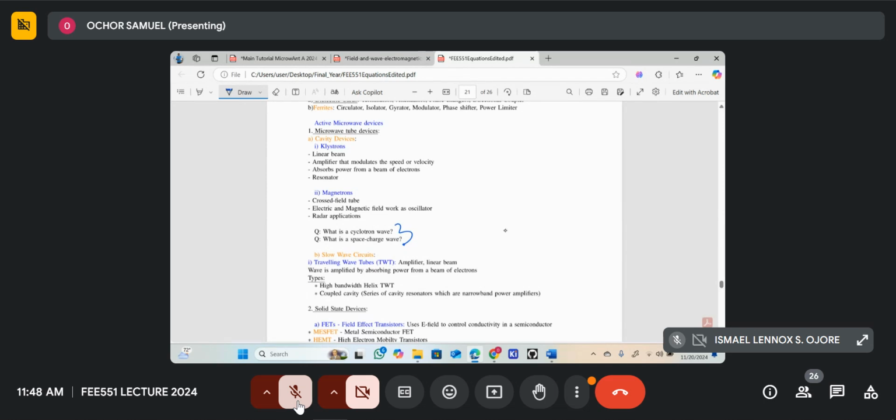But what I got from the PPT is that for the cyclotron wave, especially in the magnetron, and I don't want to say something that could be wrong, maybe that's why I wish the people presenting could expound on that. What I understood is that in magnetrons we have a cathode surrounded by the anode region. Let me sketch it in top view.